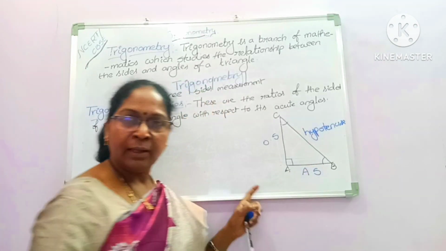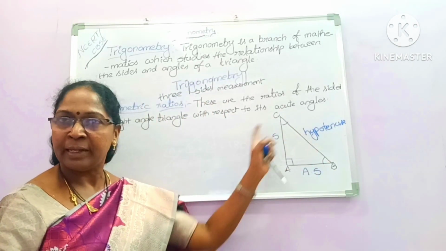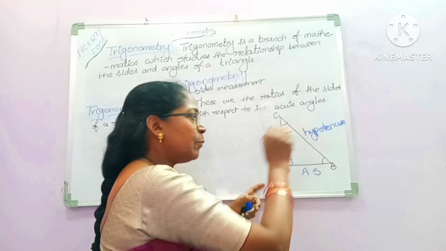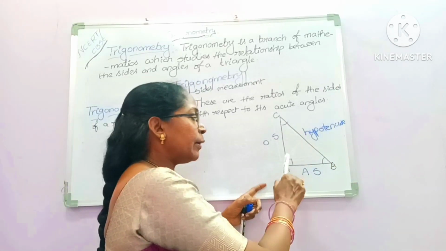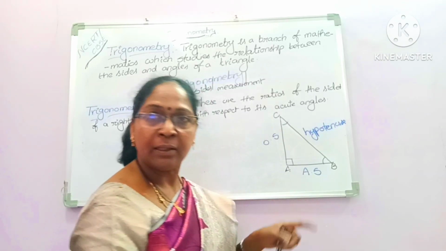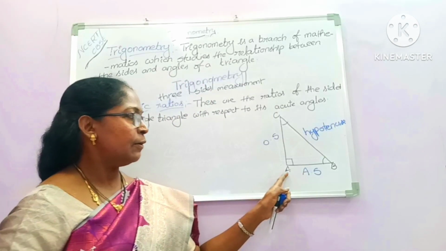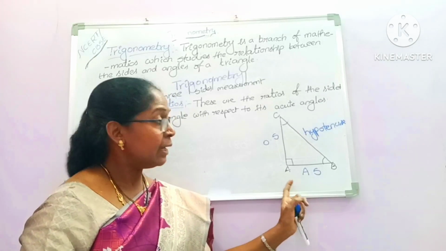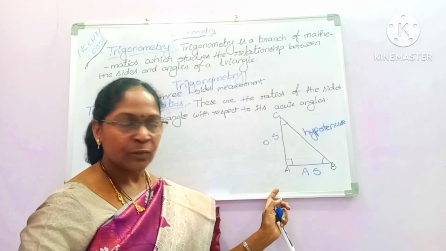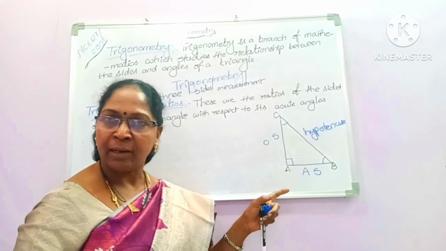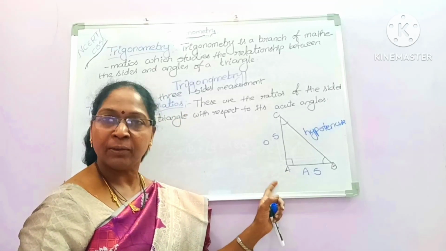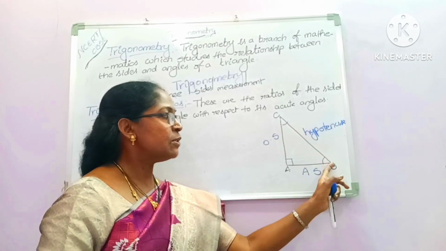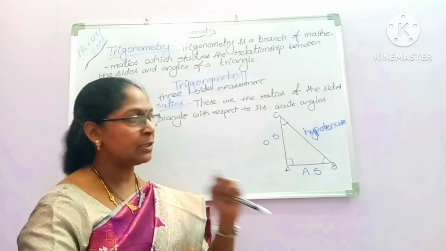These three are the side names of the right angle triangle. This is the hypotenuse. How can you identify it? For this right angle, not A, we can change the letters, so don't remember the letter A. Only represent where that right angle is. The side opposite this right angle is the hypotenuse.